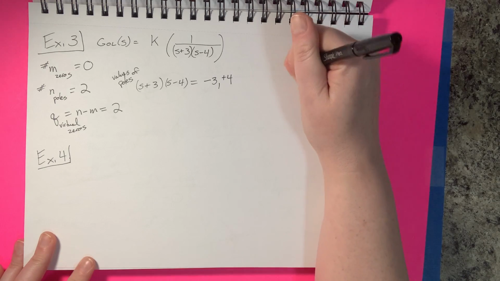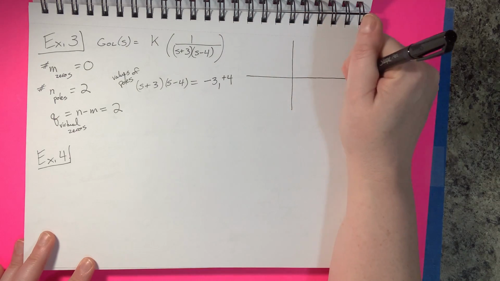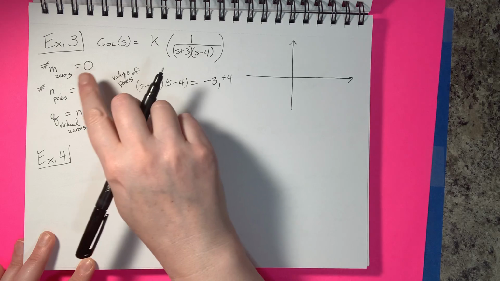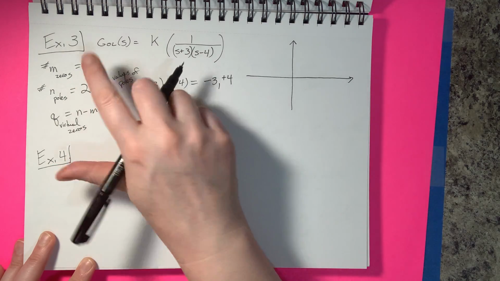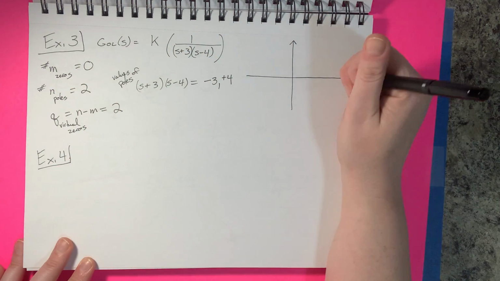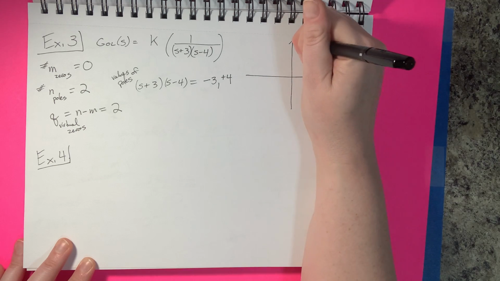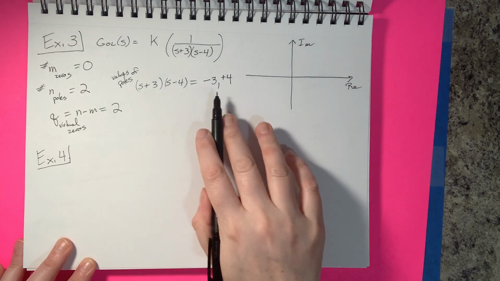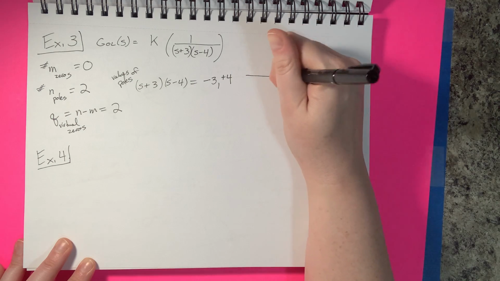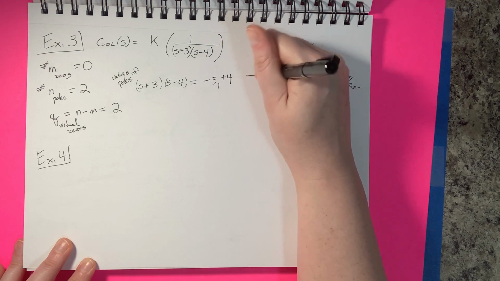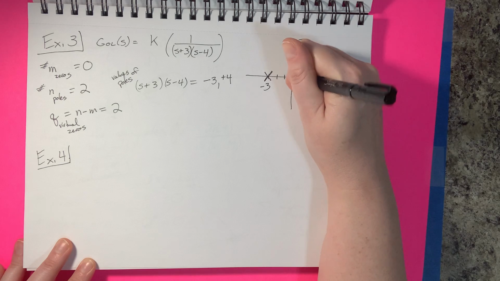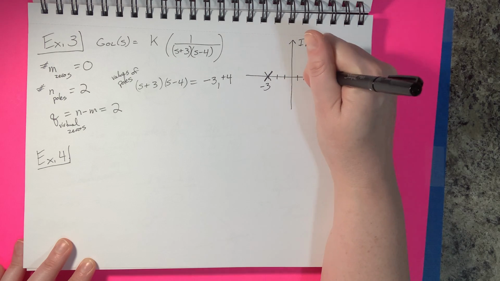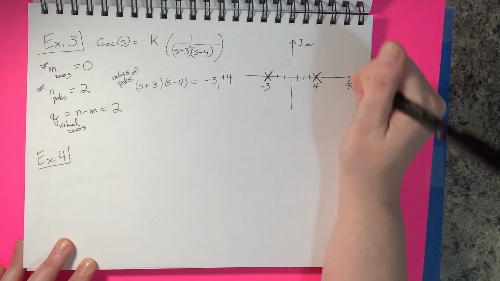That doesn't make sense. So we have no zeros, so we can't mark those, but poles. Our poles are at -3 and +4. Make one here at -3, and then one here at +4.